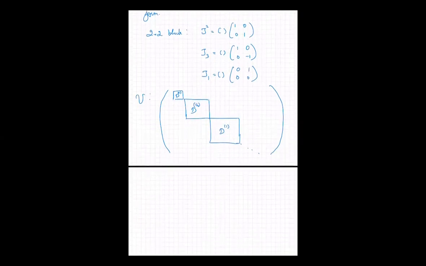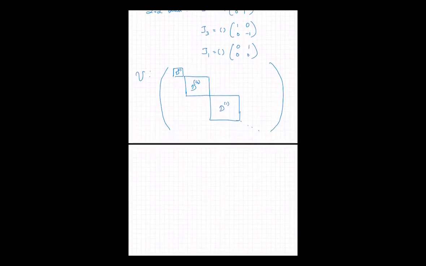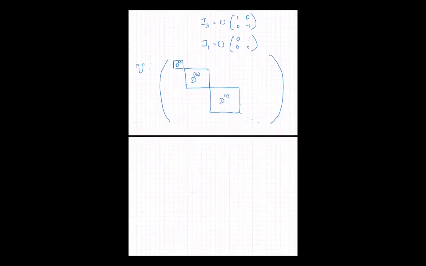When I'm solving the eigenvalue problem of J square and J3, what we have actually done thus far is work out the irreducible representations of the rotation group, which is SO3. Again, there are lots of words there that probably don't mean much to you. So I will explain what this means in words.